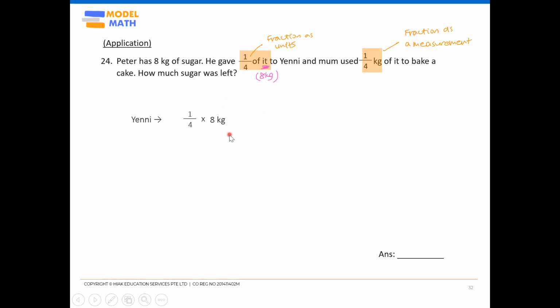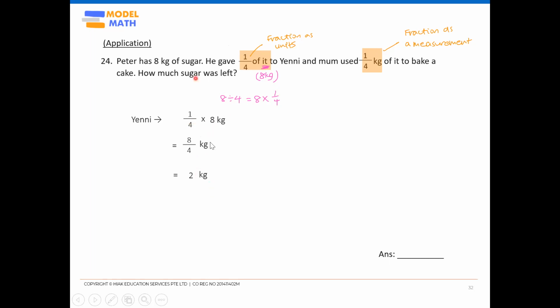Or some of you can straight away tell me 8 divided by 4. I hope you can see that 8 divided by 4 is not wrong, but it is also the same as 8 times 1 out of 4. They're the same thing, which is why, based on the division and multiplication of fractions, KCF logic comes in for the division part. But that aside, our main point is how many kg given to Yenny. So 1/4 times 8 kg, there will be 2 kg.